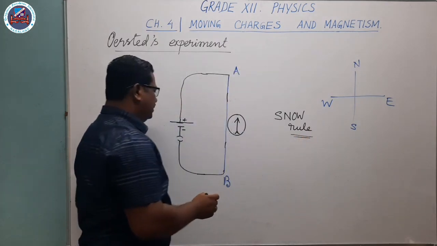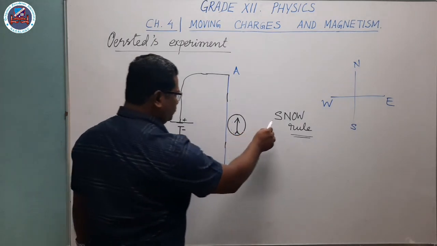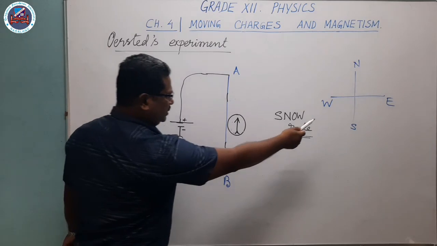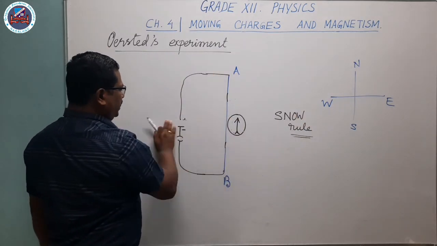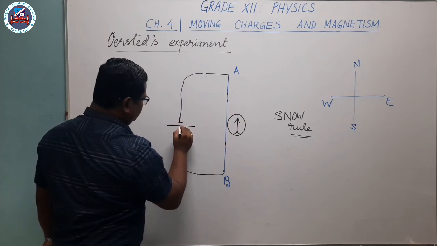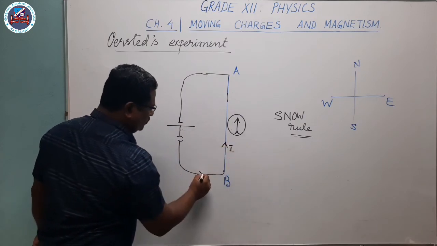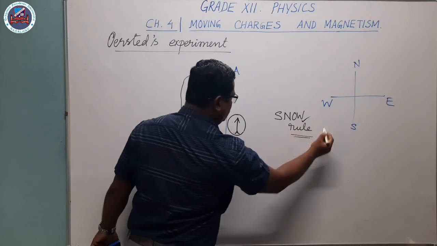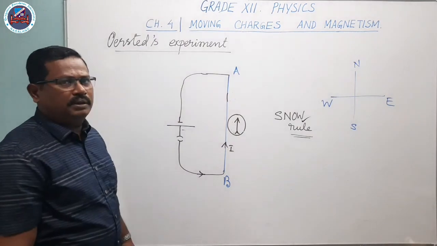Snow rule says like this: whenever you allow the current to pass from south to north, downside is south, you can see here, and the top part is north, if you allow the current to flow from south to north over the wire, then the deflection must be towards the west.